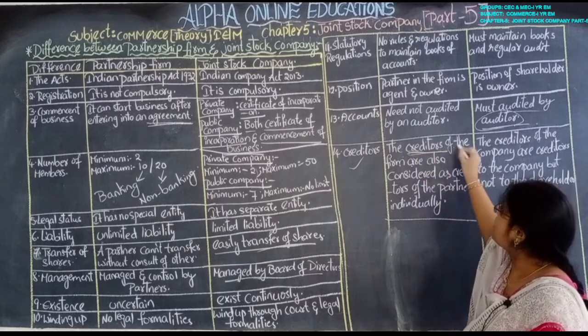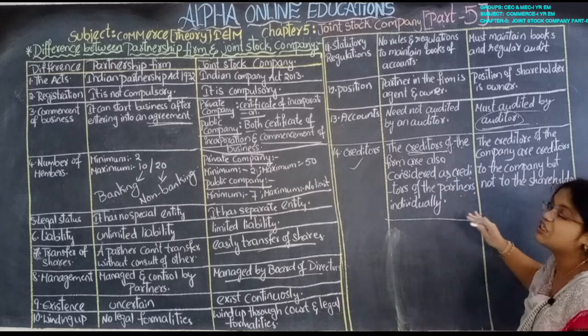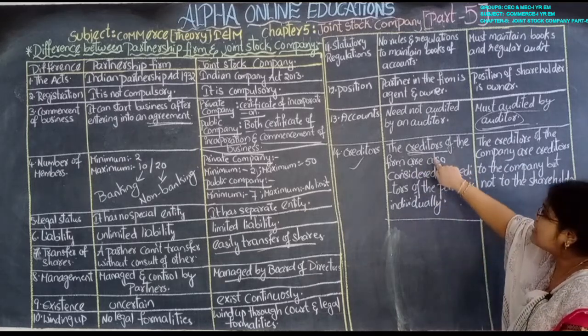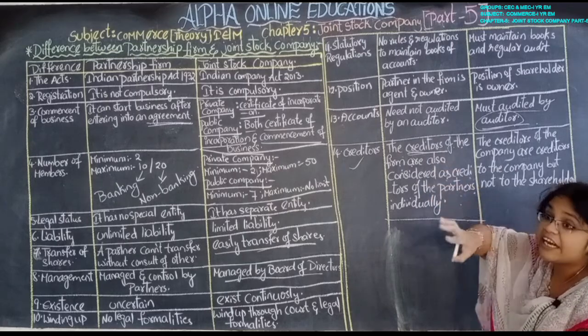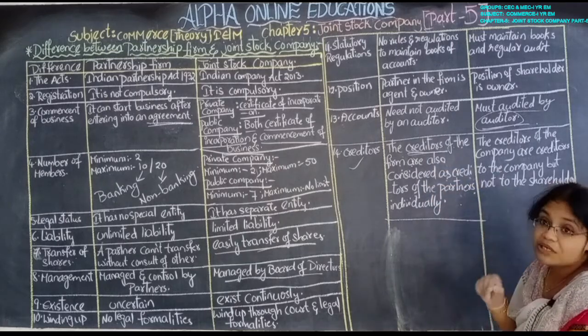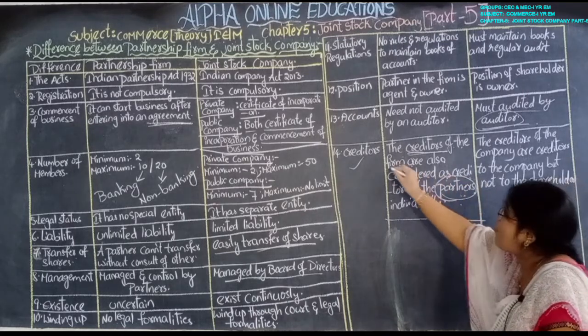So, the creditors of the firm are also considered as the creditors of the partners individually. In case of partnership, if there is a creditor, he is not only a creditor to the firm, he is a creditor to the partners also individually, because this combination of partners is only the firm.